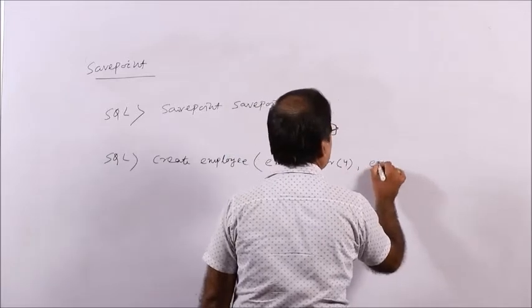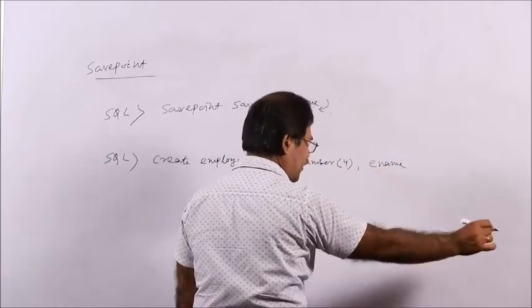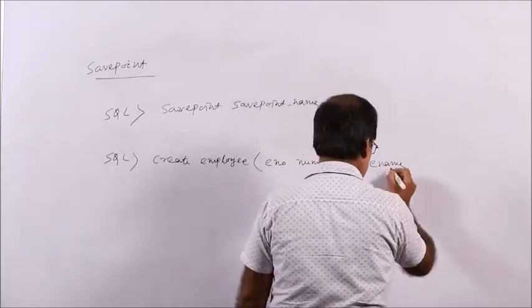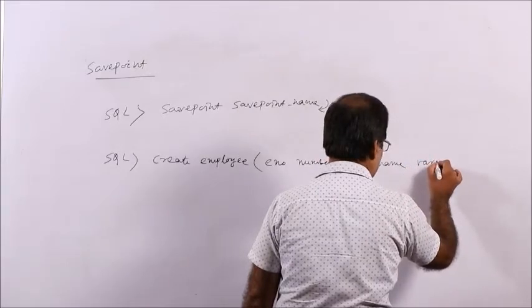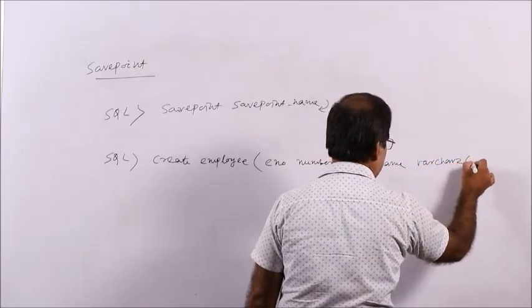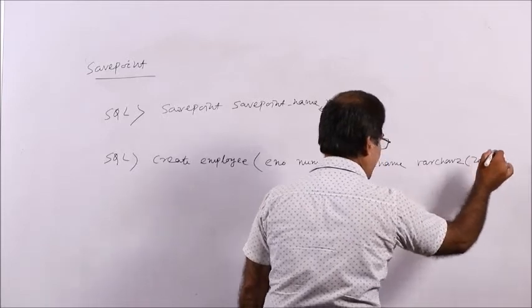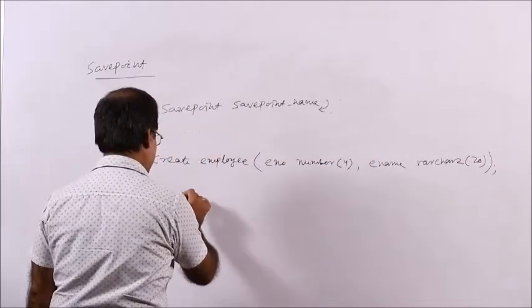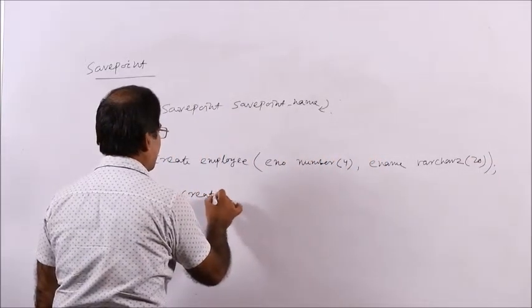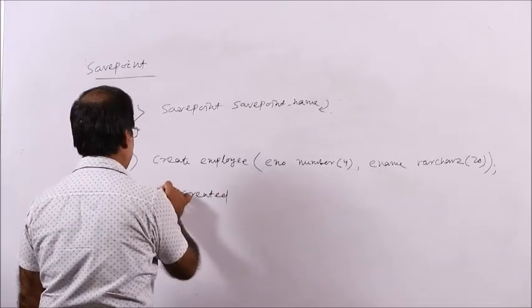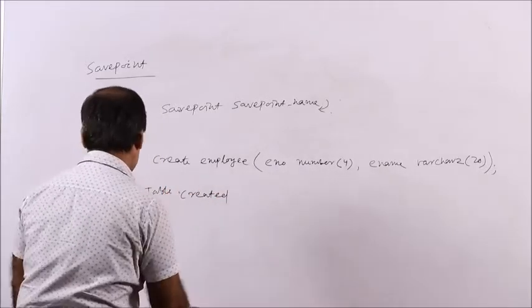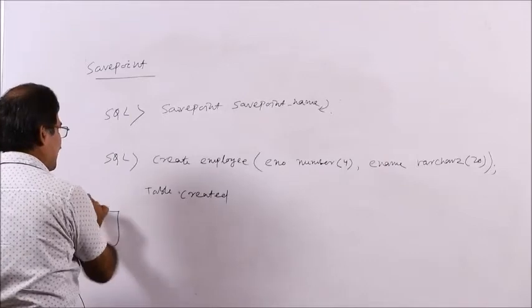Then employee name; there may be other fields, but I will declare only 2. Employee name is a variable character, varchar2, size let it be 20. So one table is created. Table created. Okay. So one table is created in the name of employee.